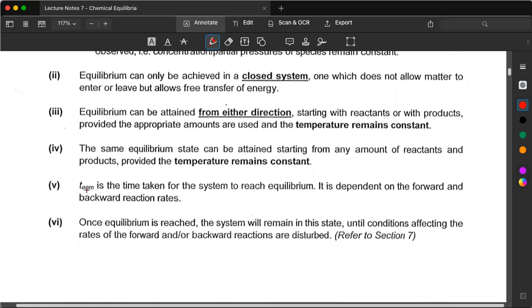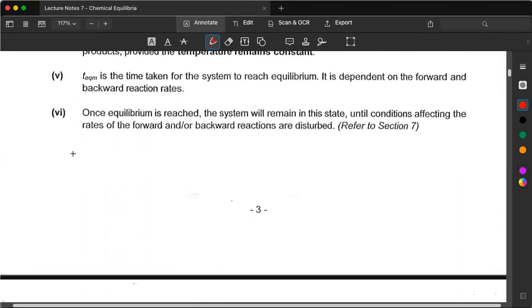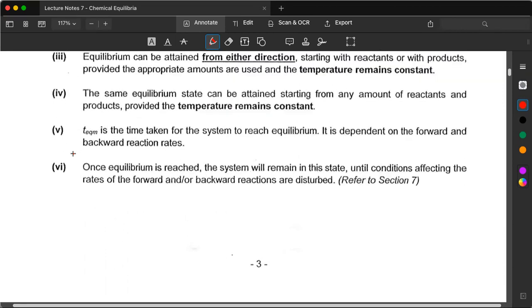T equilibrium represents the time taken for the system to reach equilibrium and is dependent on the forward and backward reaction rates. When equilibrium is reached, the system will remain in this state until conditions affecting the rate of the forward or backward reactions are disturbed. So you can actually manipulate the conditions and disturb the equilibrium, and a new equilibrium could be achieved.